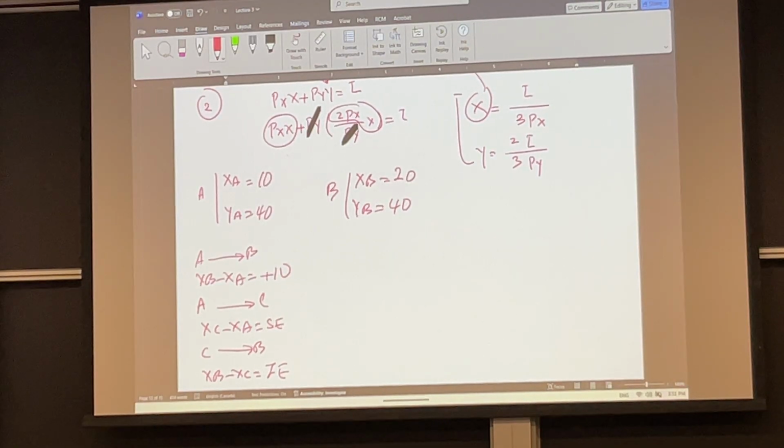So I need to find point C, which isolates the substitution effect.